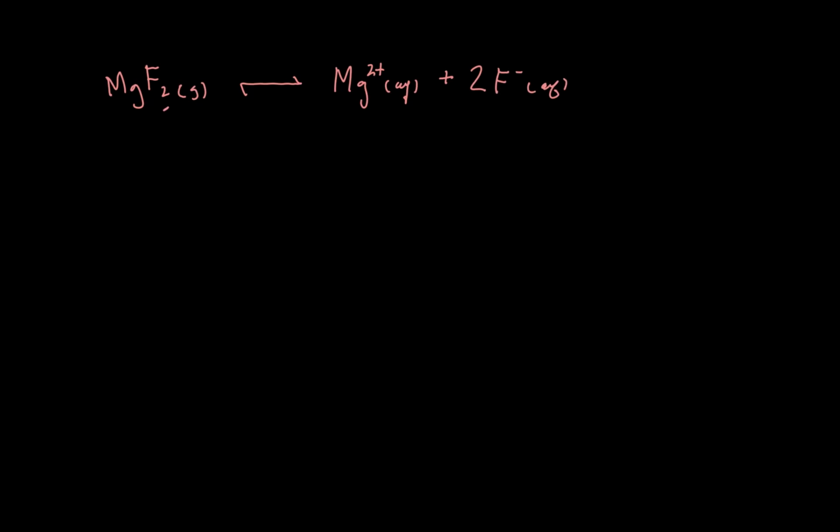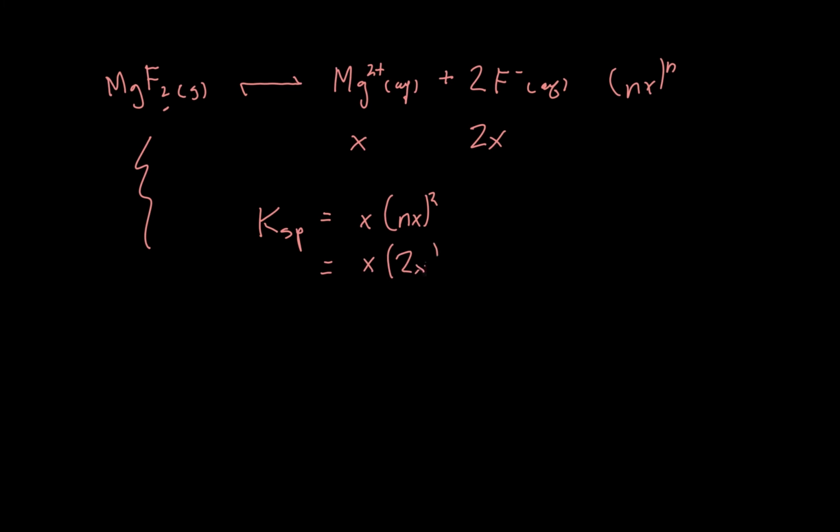Okay, so again, using our nX to the power n formula, we're not going to look at the solid at all. And the aqueous ones, we're going to get X here and 2X here, which means we're going to write our KSP expression as X times 2X squared.